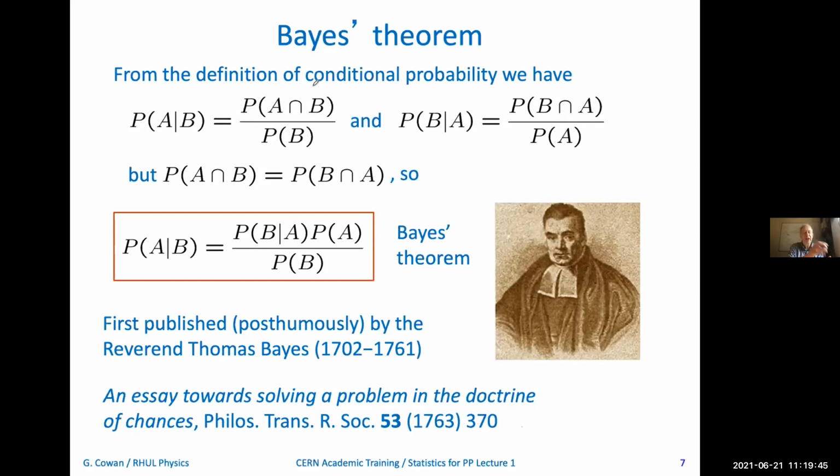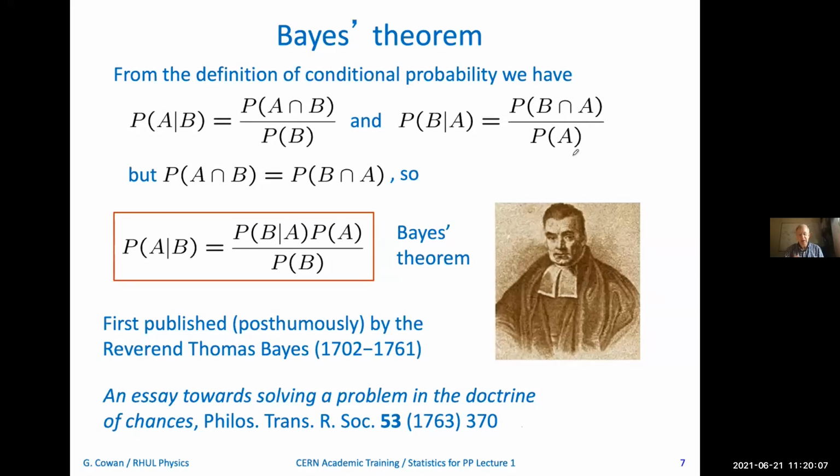So the outcome is in A and the outcome is in B. So P of A given B is P of A and B divided by P of B. But now A and B are just labels, so we can swap the labels, and it must also be true that P of B given A is the probability of B and A divided by P of A.